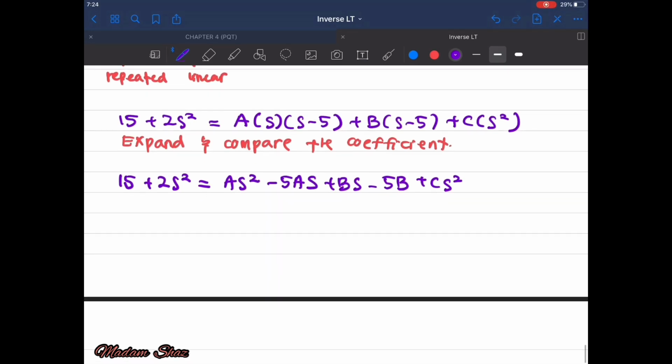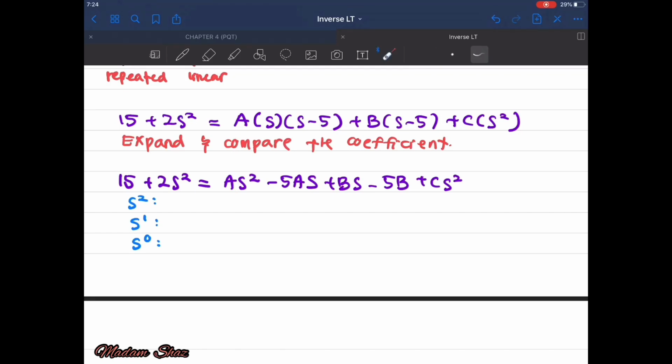So now compare the coefficient. The highest power of s is s power 2, s power 1, s power 0. On the left hand side, s with the power of 2, we have positive 2. 2 is equal to, on the right hand side, s with the power of 2, we have a plus c.